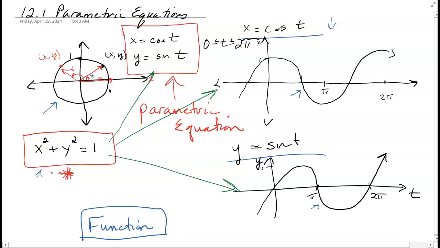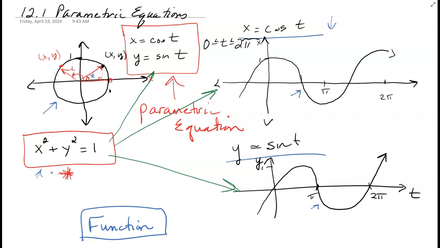But as you move through Calc 3 and you work in a 3-dimensional system, then you will need 3 parametric equations to represent your single relation. So again, what you're getting here is a small introduction to parametric equations that you will continue on to if you're taking Calc 3. So let's recap and define a circle, because we've only looked at a circle of radius 1.